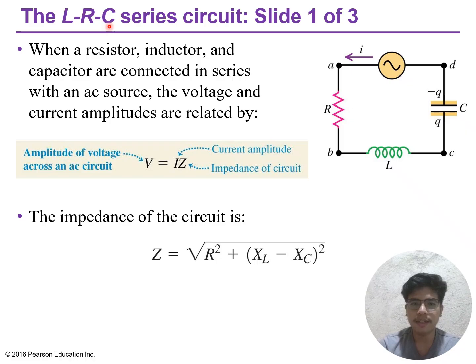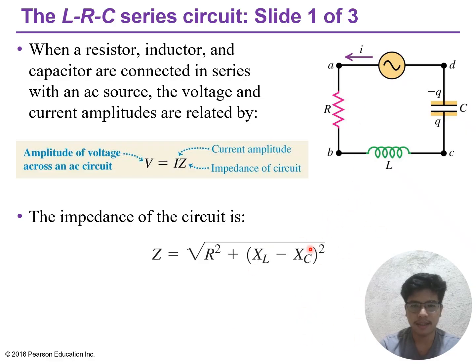The impedance is calculated using the fundamental formula Z equals the square root of R squared plus the quantity X sub L minus X sub C, all squared, where R is the resistance, X sub L is the inductive reactance, and X sub C is the capacitive reactance.